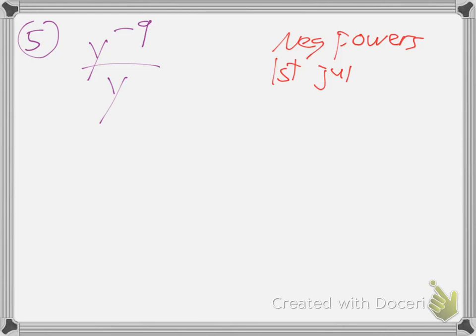Y to the minus 9 over y. What you got to be clear on is what I just said. So negative powers first jump to the other side.